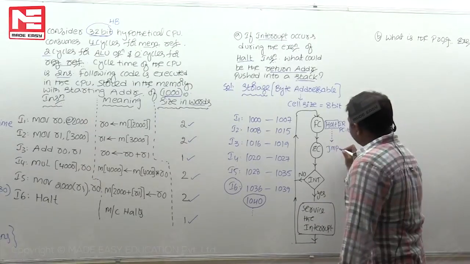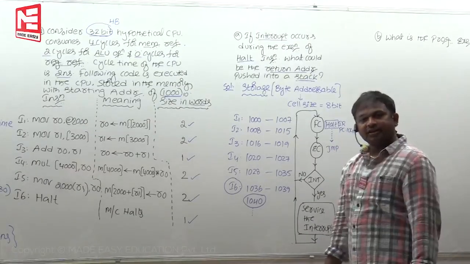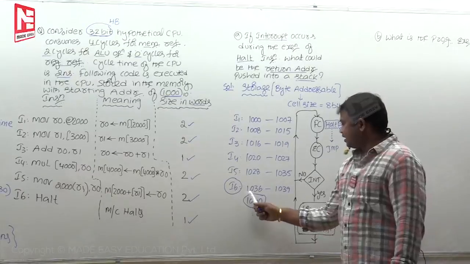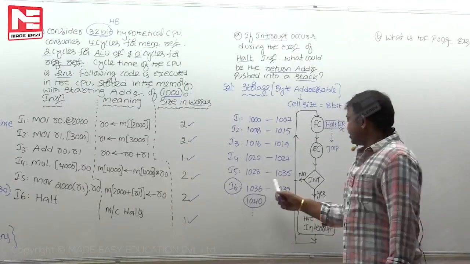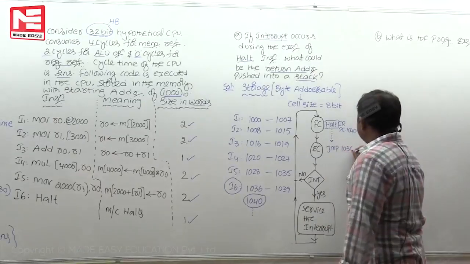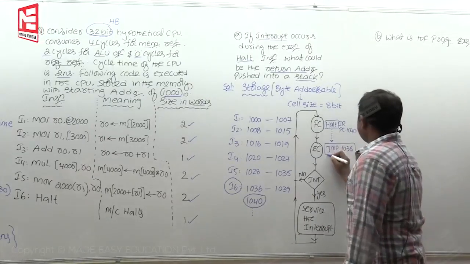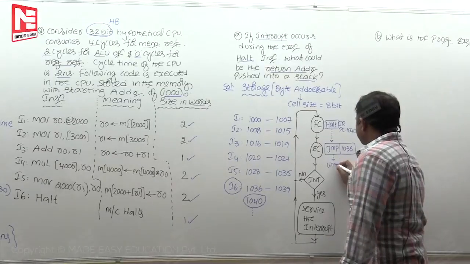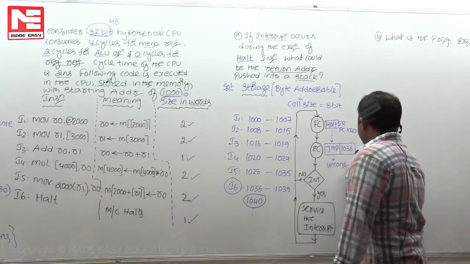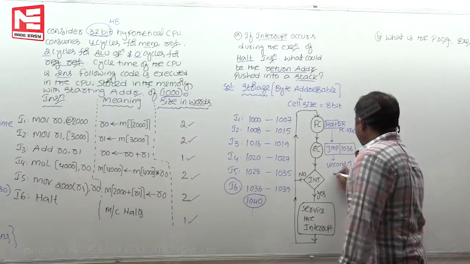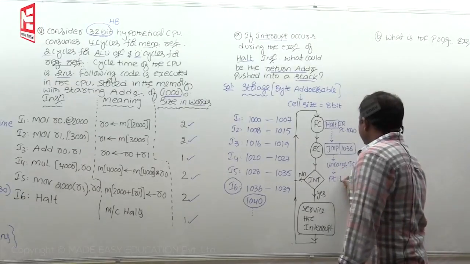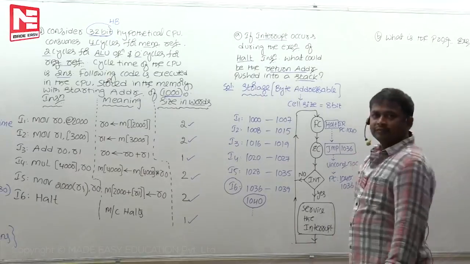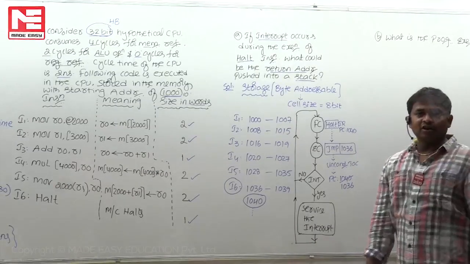Halt invokes an unconditional jump with the starting address of the halt as the target address. The starting address of the halt is 1036, and that becomes the target address. Because it is an unconditional jump, without checking any condition, the program counter's sequential address is replaced with the target address. That is the execution cycle of a halt.